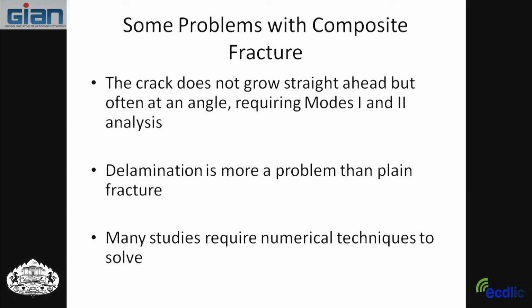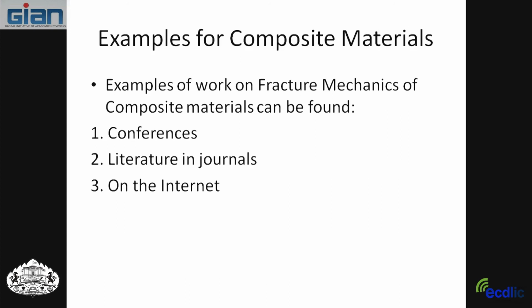The reason I did that mode 1, mode 2 analysis is to show you what you're up against, but that was with isotropic material. In this case, you have orthotropic material, mode 1, mode 2 analysis. A lot of times they say then delamination is more of a problem than plain old fracture. And many of the studies might require numerical techniques to get through that.